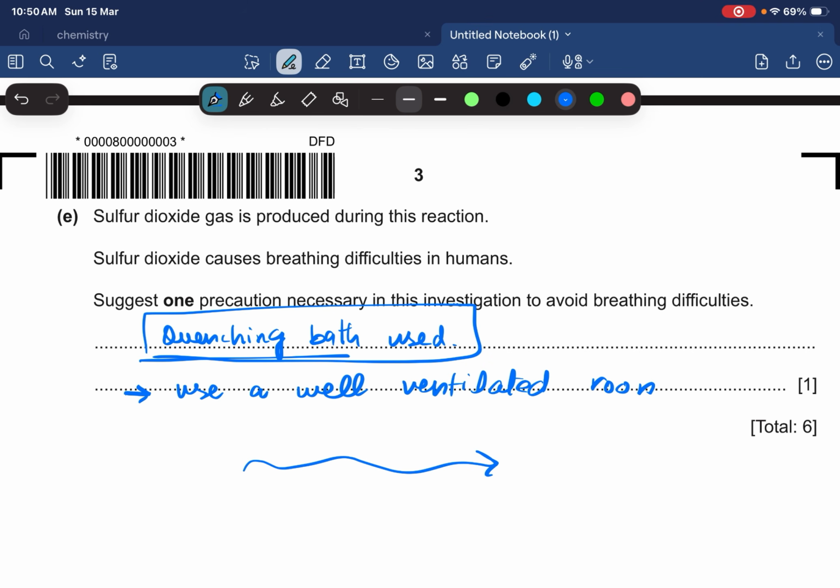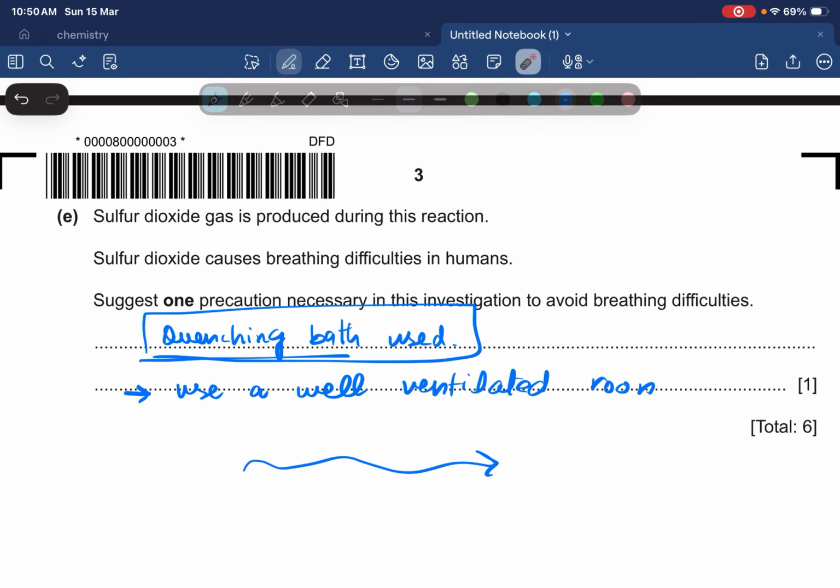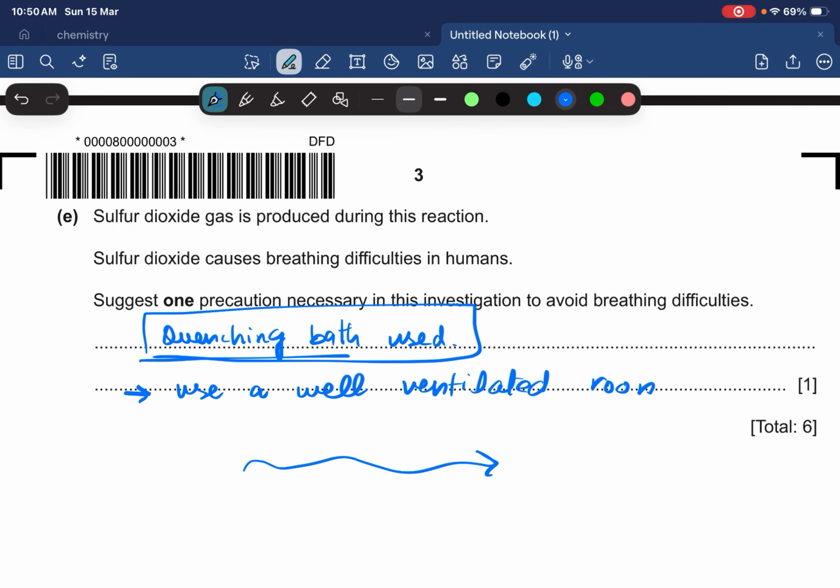So that's what we're trying to do over here. What we're trying to achieve is that our sulfur dioxide gas, as soon as it is produced, just disappears. We don't want it to be breathed in, right? So that's why we want it to be blown away by the air.